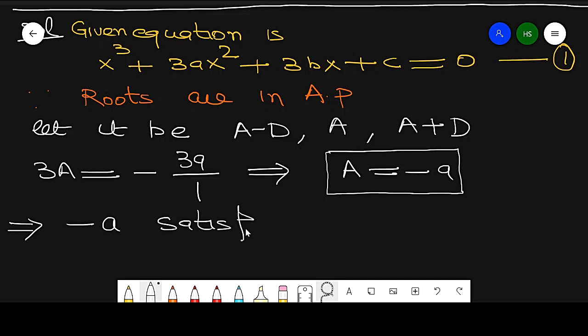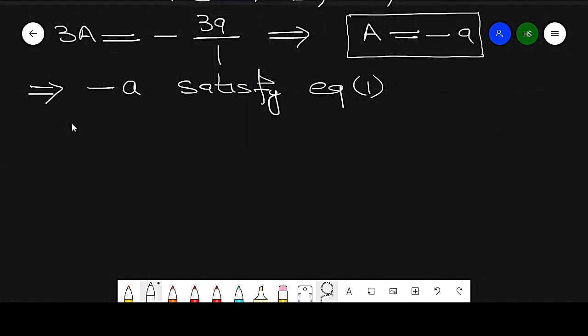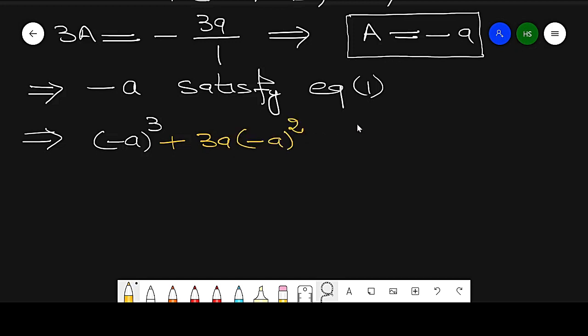So minus a satisfies equation number 1. If it satisfies equation number 1, what do we get? We get minus a raised to power 3, plus 3a into minus a raised to power 2, plus 3b into minus a, plus c equal to 0.